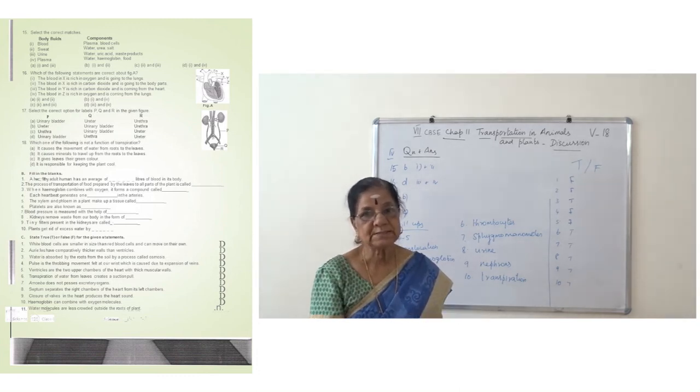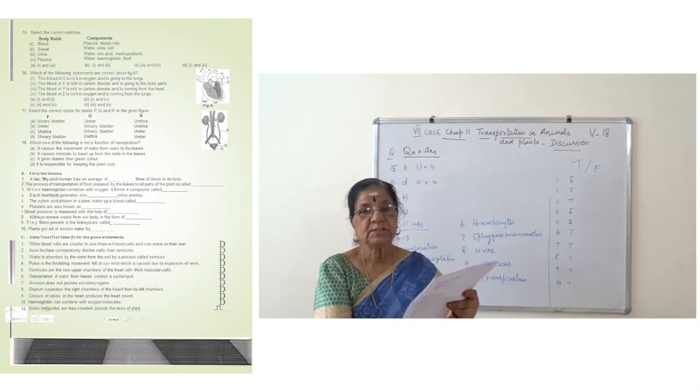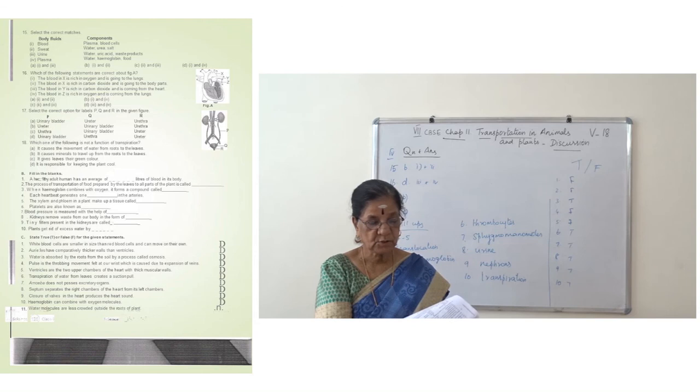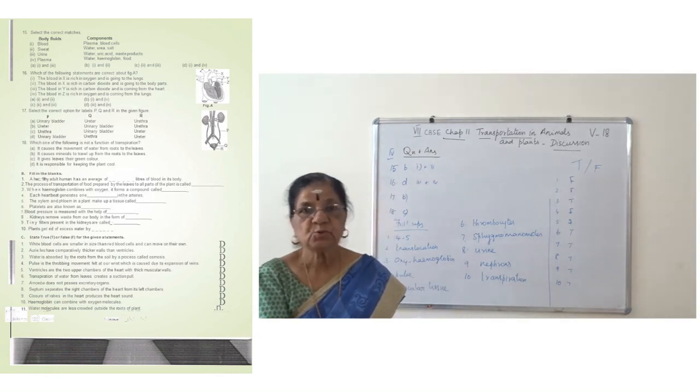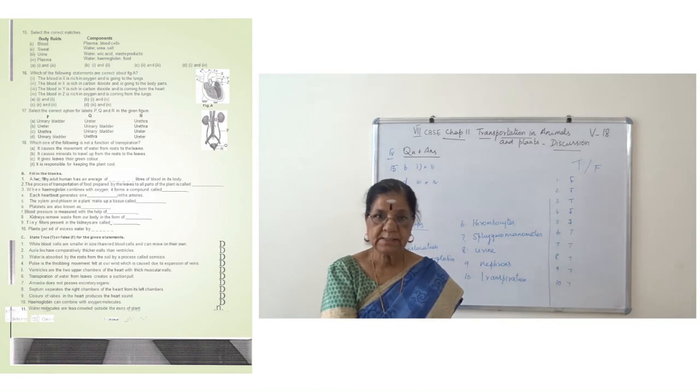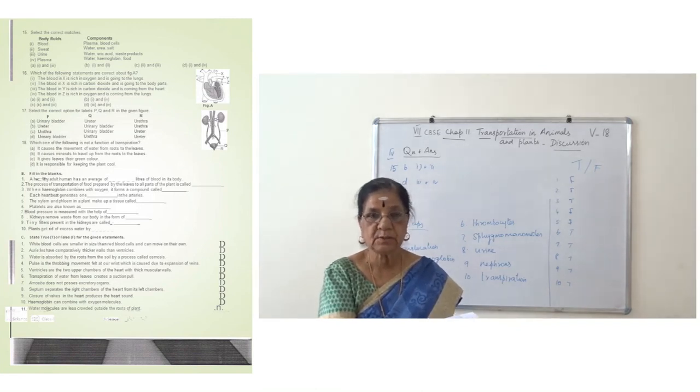False. Upper chambers are the atria, right atrium and left atrium. Transpiration of water creates a suction pull. That is true. Amoeba does not possess excretory organ. That is true, but it has contractile vacuole, which is meant for osmoregulation and excretion.